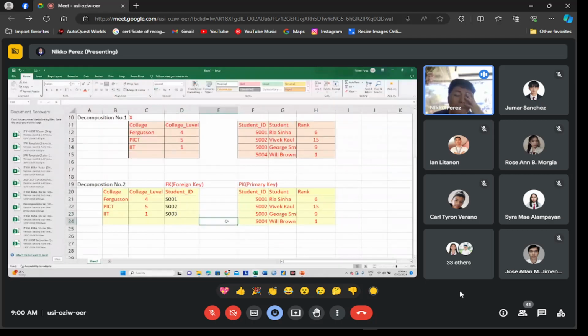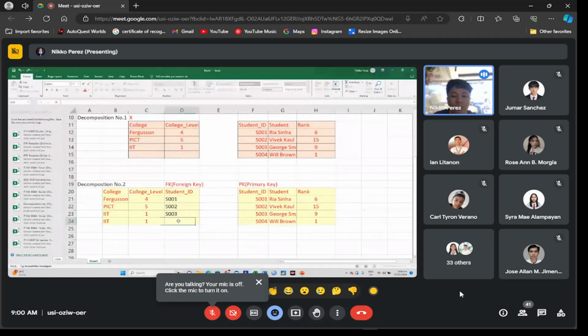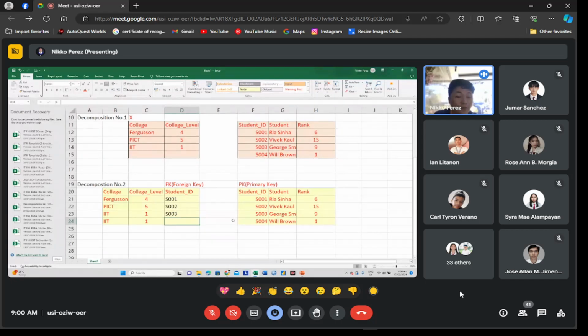But since duhaman kabuo student nga nag-enroll sa IIT, then we should have add again IIT just to accommodate the student Will Brown. Kaya we don't want a data loss, dili ta gusto nga na ay mawala nga data or information.